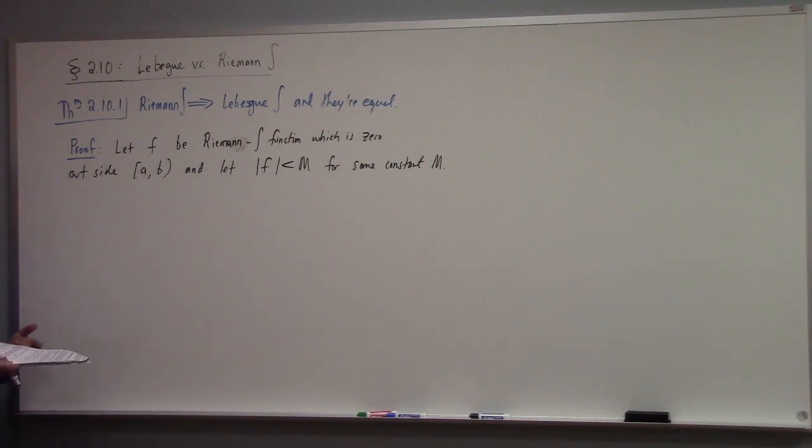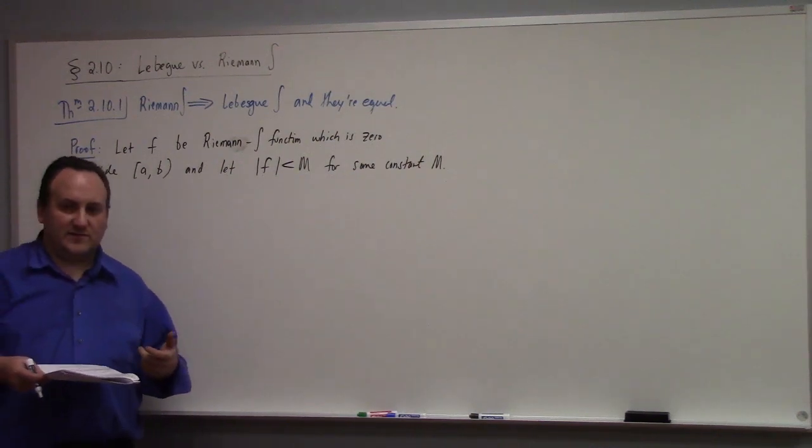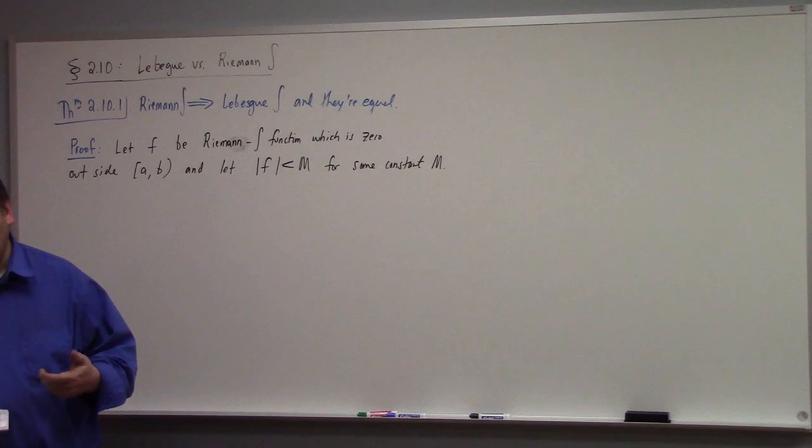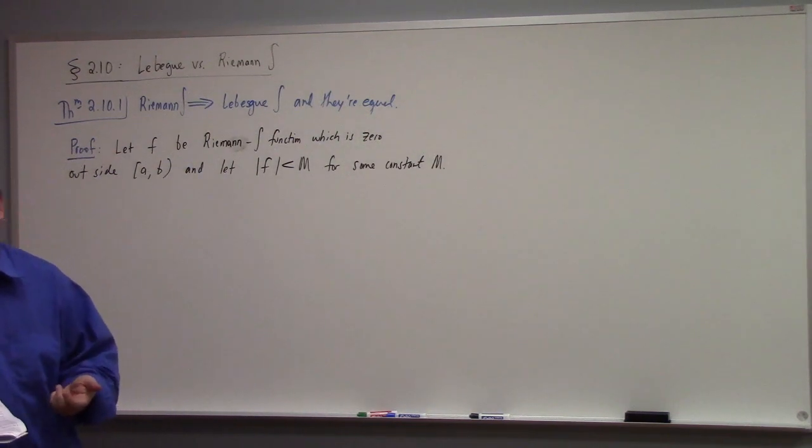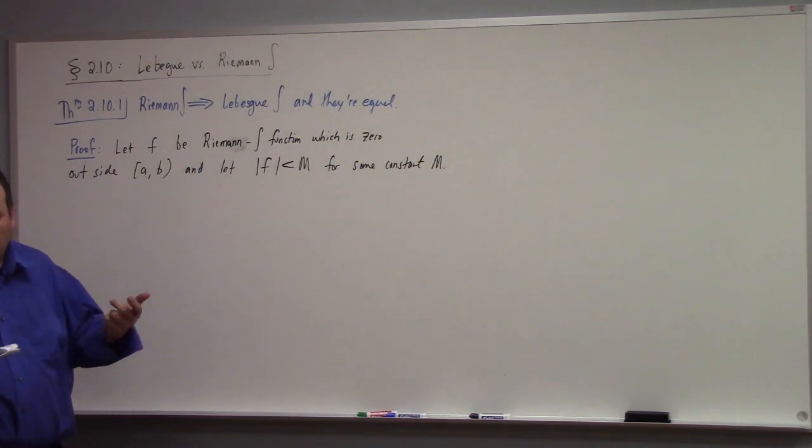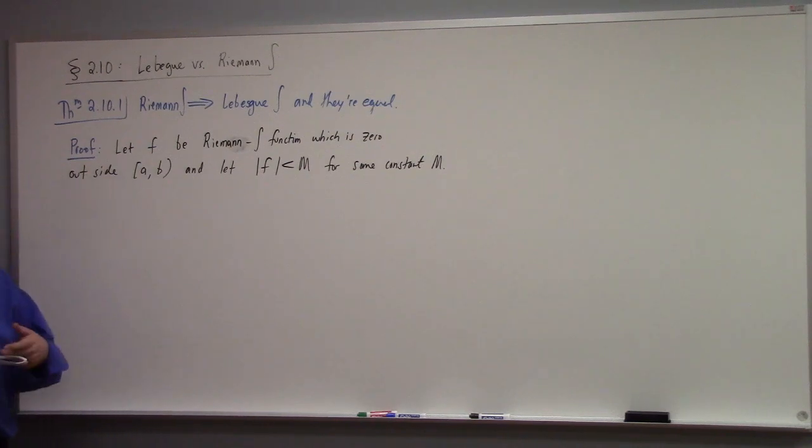If it's piecewise continuous, you define the Riemann integral to be the sum of the integrals of the continuous pieces. Since you can prove theorems on the continuous pieces, you can string them together, and with finitely many pieces the gluing together works.